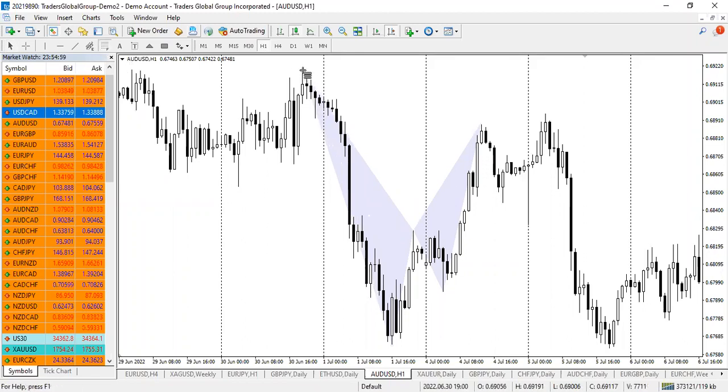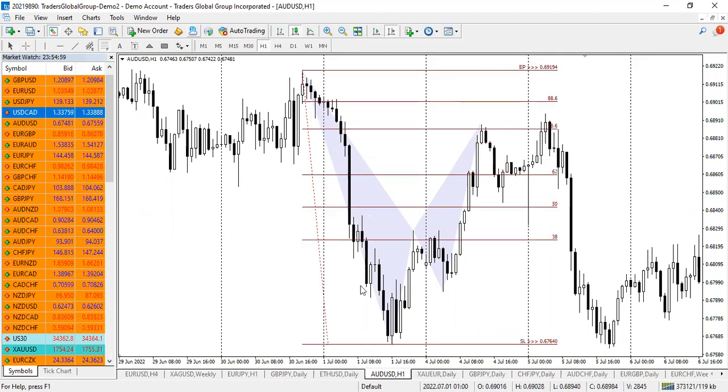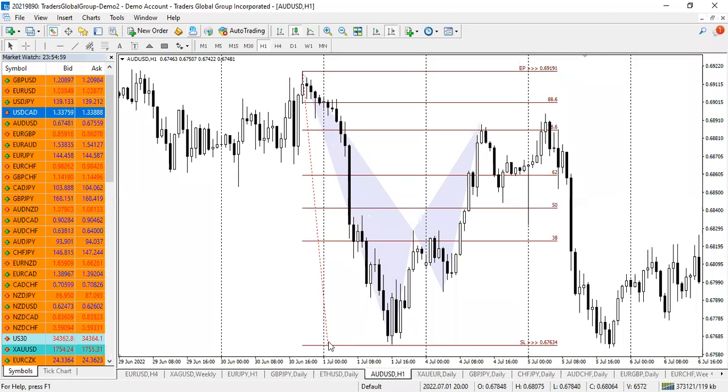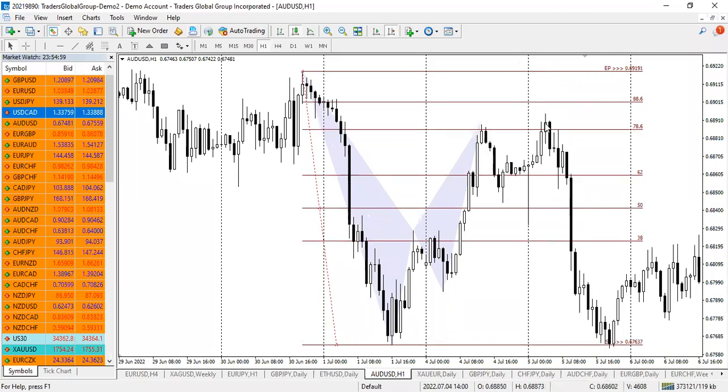I pull from this high to the low. And the retracement I got here is just perfect. It's a 78.6 retracement, for goodness sake. This is H1. It's a 78.6 retracement of that X leg.